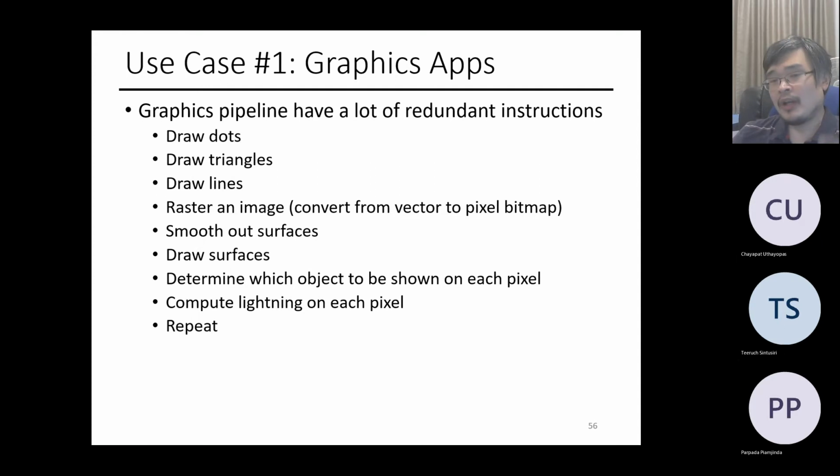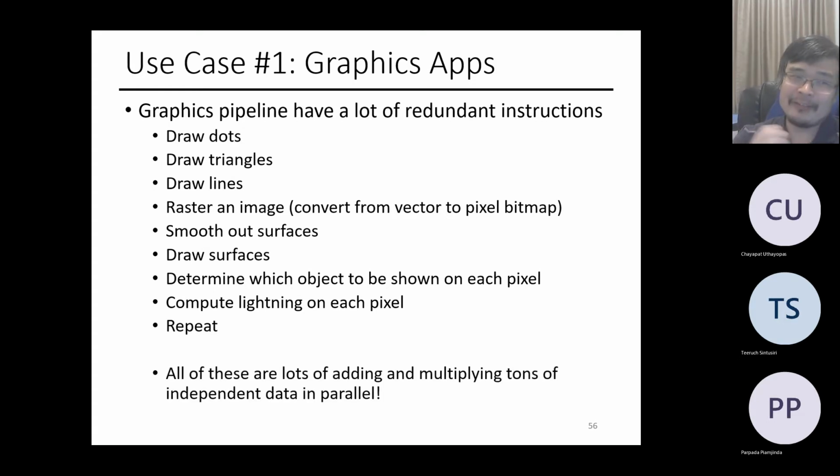Then you determine what object needs to be shown in each pixel based on the camera position. These are a lot of linear algebra and linear equations, right? So it's a bunch of adds and multiplies all together, and you do this on repeat. So these are really, really nice to run on the GPU.